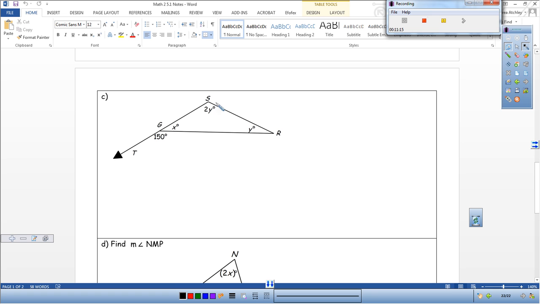Okay, so we need to find x and y in this one. So I'm going to start by finding x because that will be the easiest thing. These two angles are a linear pair, and they equal 180.